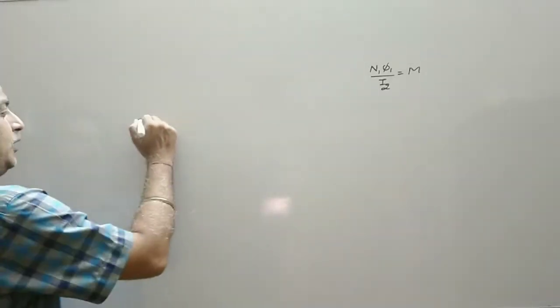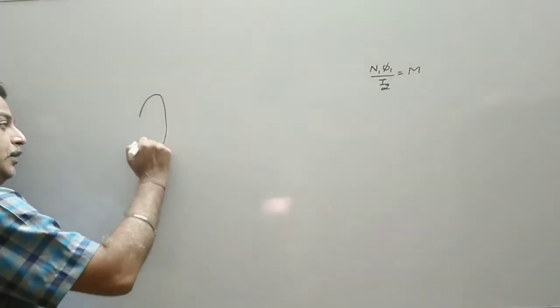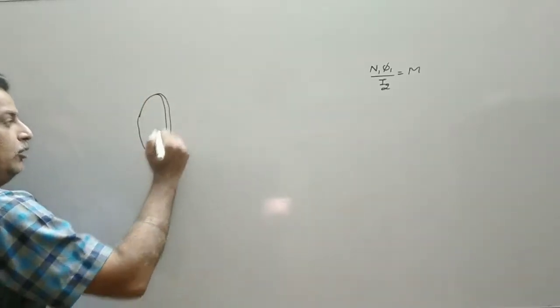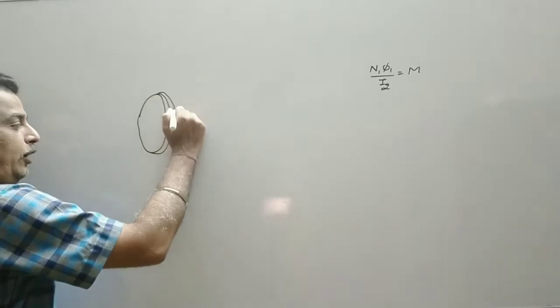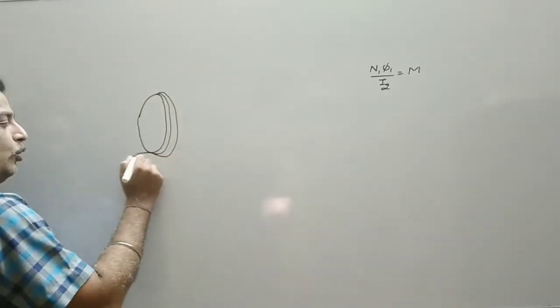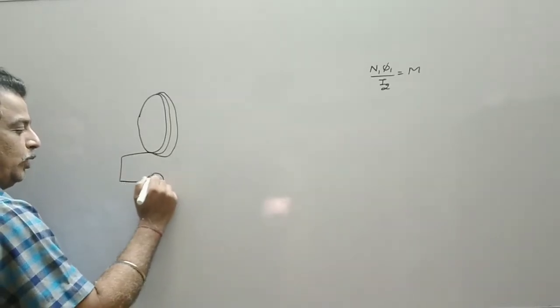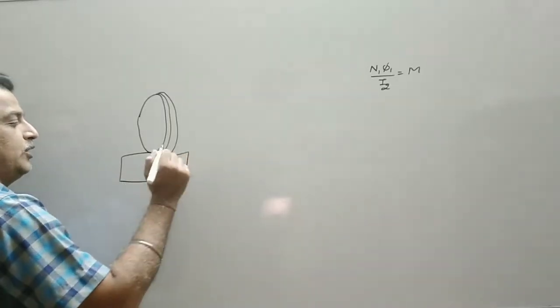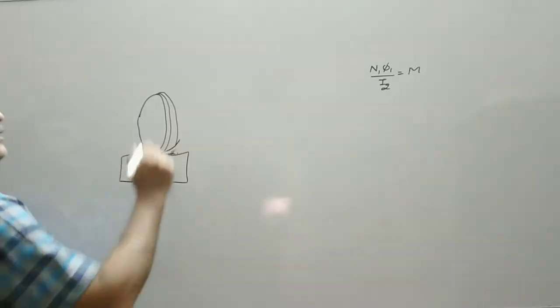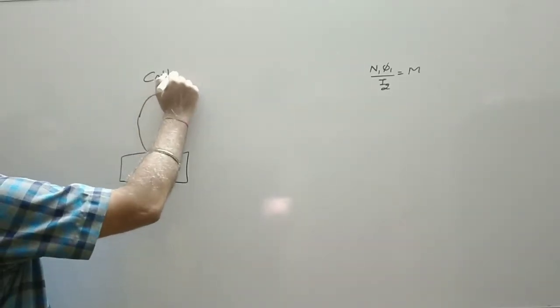So again we consider the same diagram, that is experiment number 3, in which we have a coil of n turns, and this coil is connected to a sensitive galvanometer which detects the presence of a current. Say this is coil number 1.